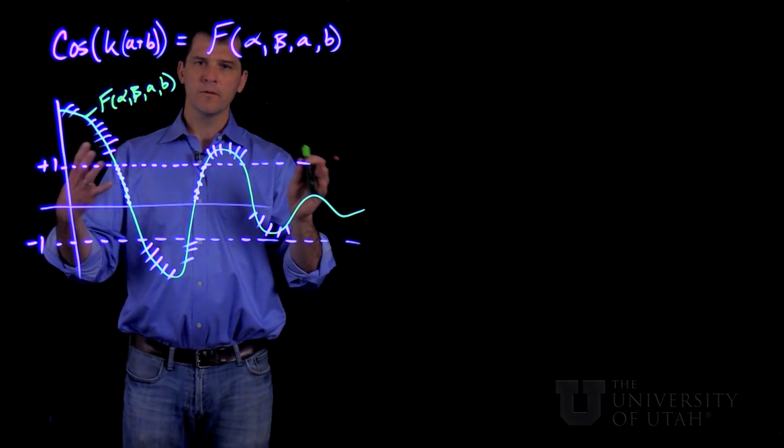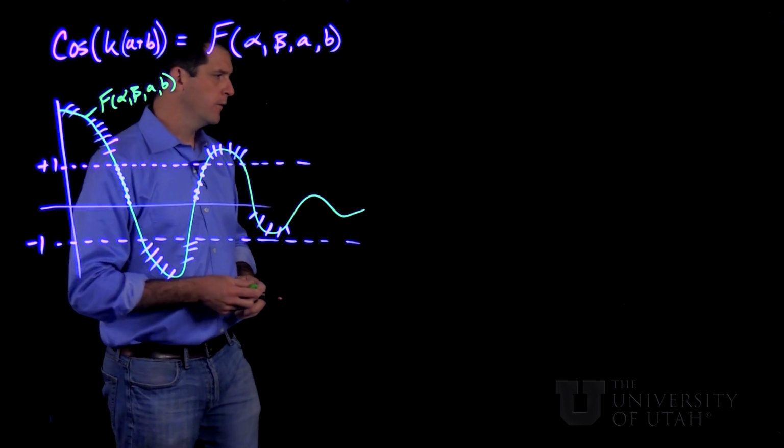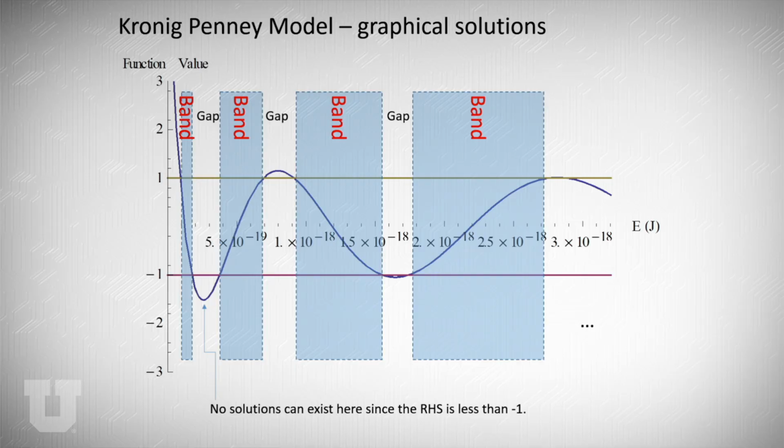Okay, so let's look more exactly at these solutions. So here I've actually plotted the function in terms of energy measured in joules, and the function values on the y-axis, and you see these regions in blue where bands of solutions exist.